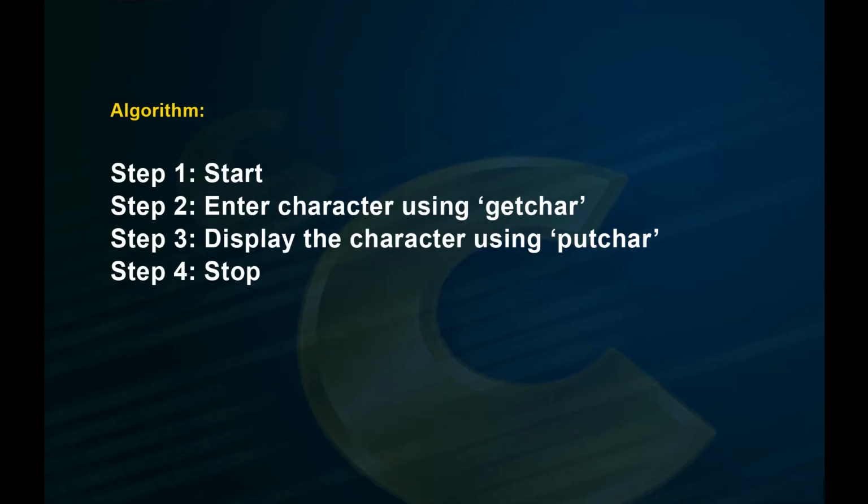Now, let us go through the algorithm first. Step 1, start. Step 2, enter a character using getchar. Step 3, display the character using putchar. Step 4, stop. We shall implement this algorithm as a C program.